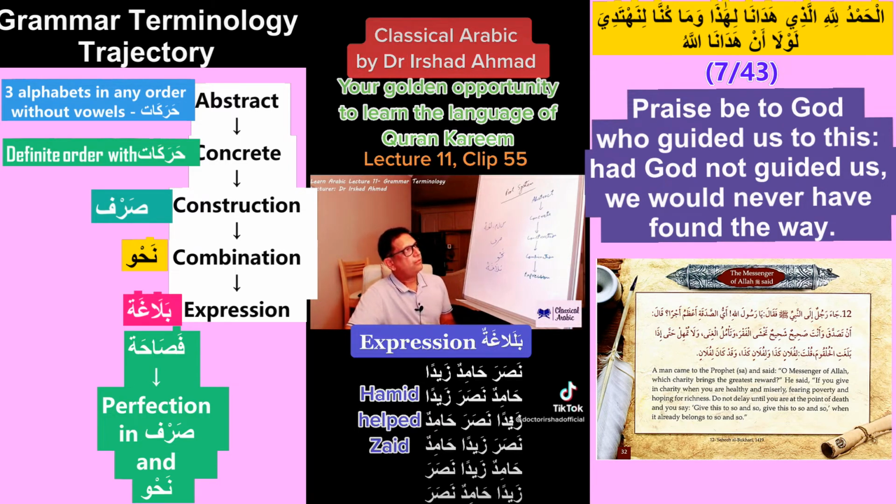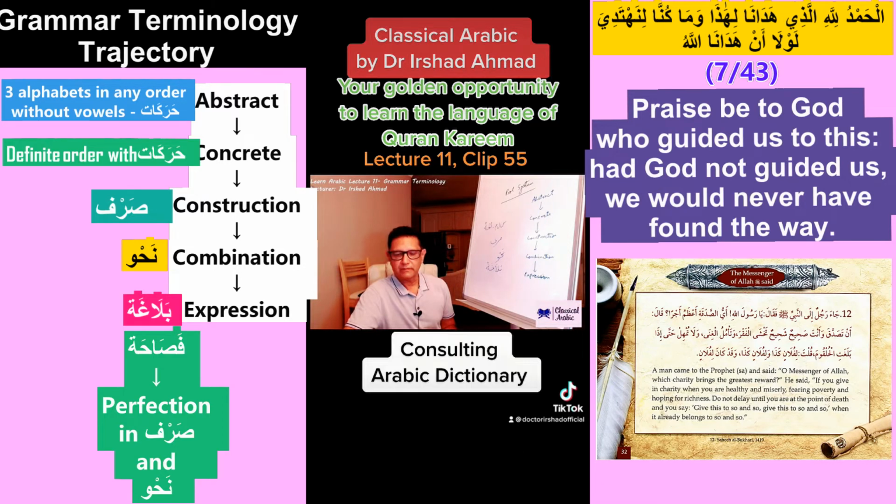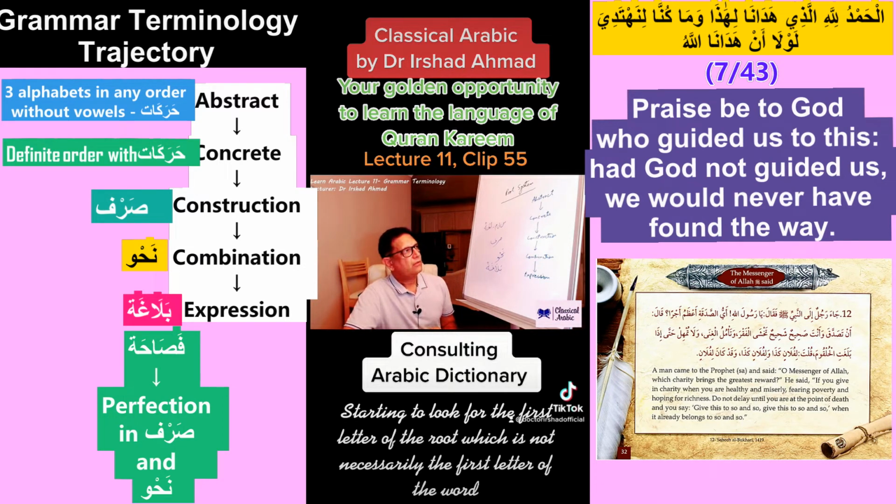So what we have here is that we have the science of Lugha, which is to do basically with the dictionary, and Arabic dictionary is different from English dictionary in a way that when we consult the dictionary, we consult it on the root letters.